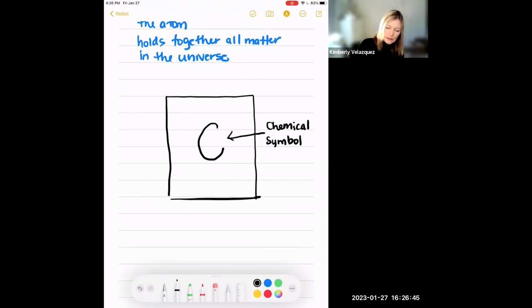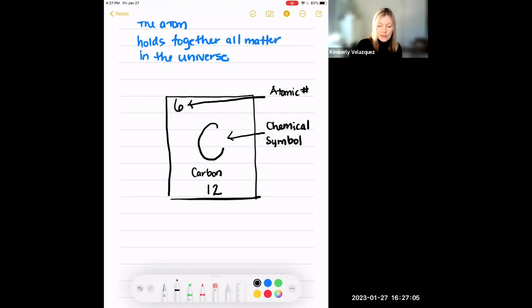So see, this is the chemical symbol for carbon. And if you look at a periodic table, you'll see 2 additional numbers. One is up here in the left, it's a 6, and down here you'll see a 12. This is, again, the atomic number.